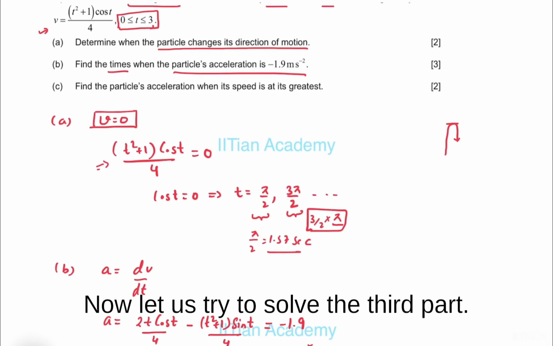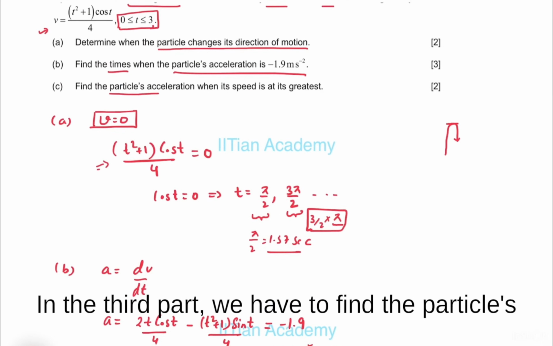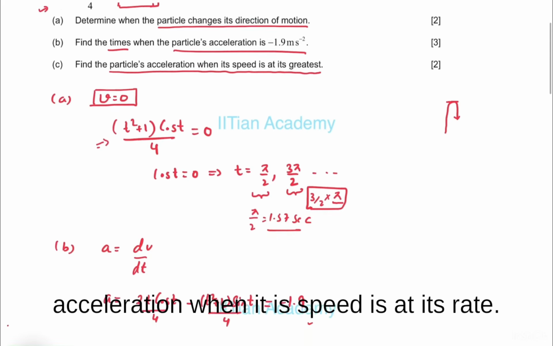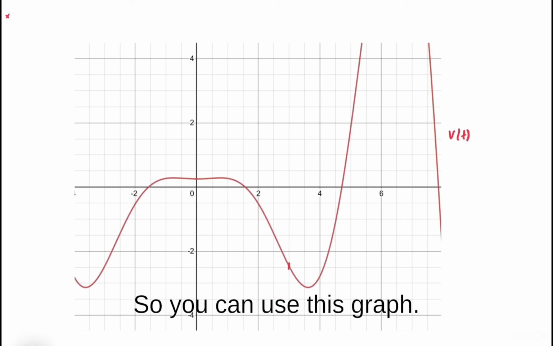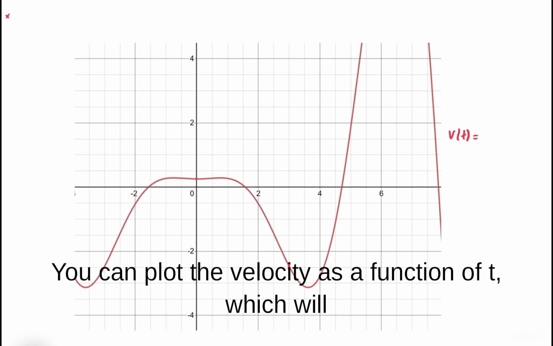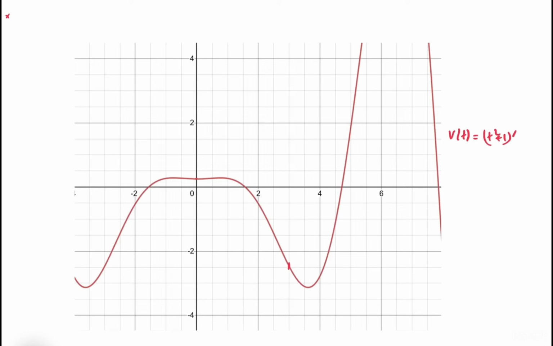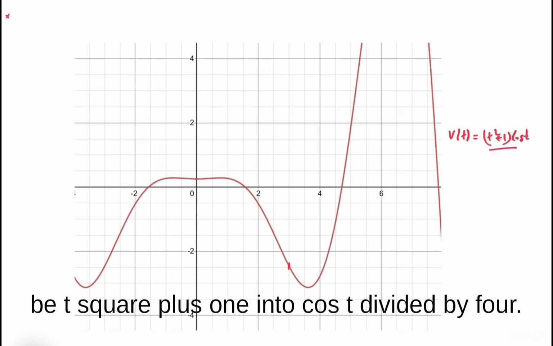Now let us try to solve the third part. In the third part, we have to find the particle's acceleration when its speed is at its greatest. So you can use this graph. You can plot the velocity as a function of t, which will be (t² + 1) cos t / 4.